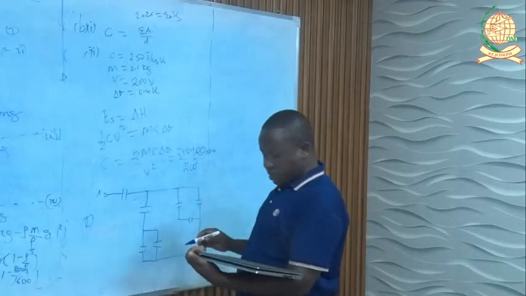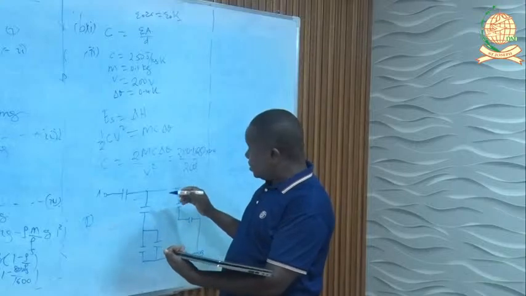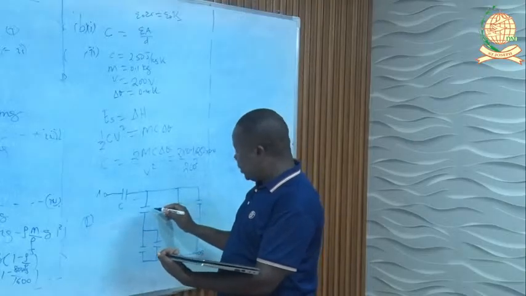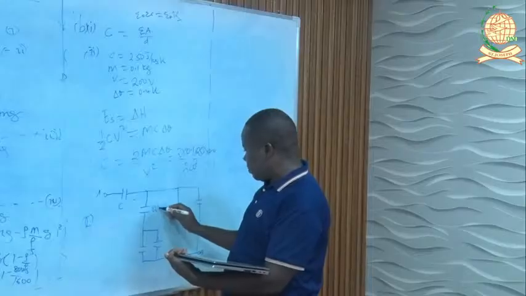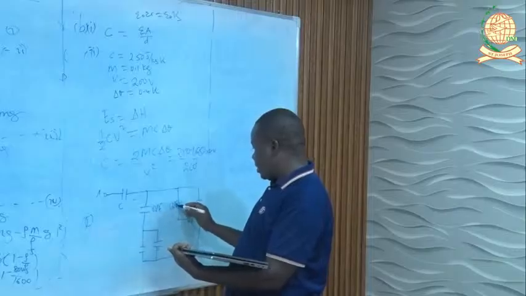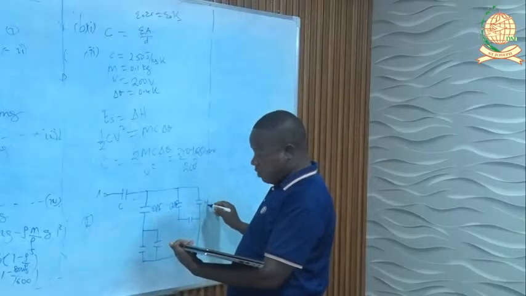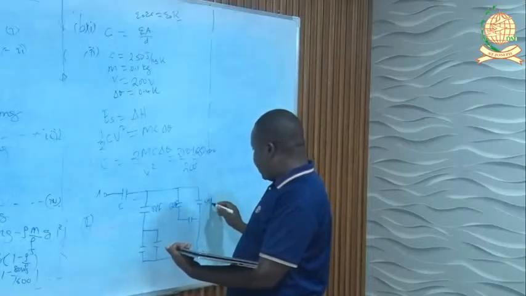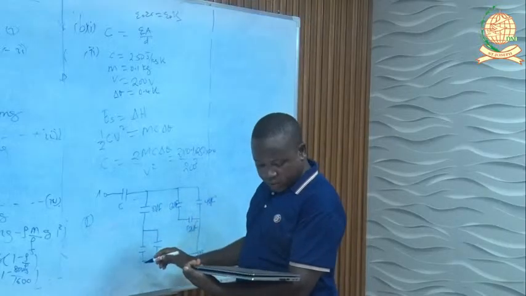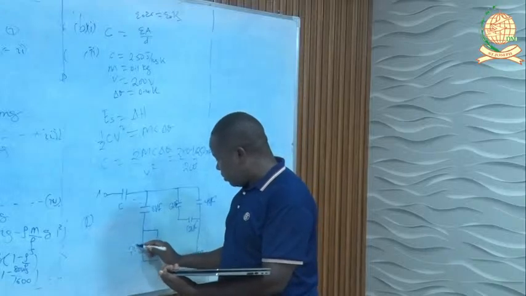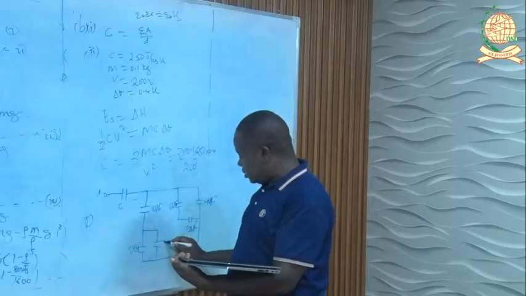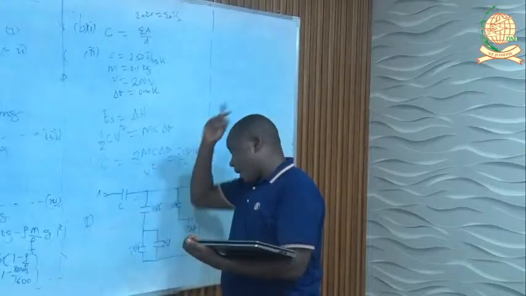The values of the capacitors: this is C, this is 8 microfarad, this is 6 microfarad, this is 4 microfarad, and this is 12, where this is 2 microfarad, and this is also 2 microfarad.